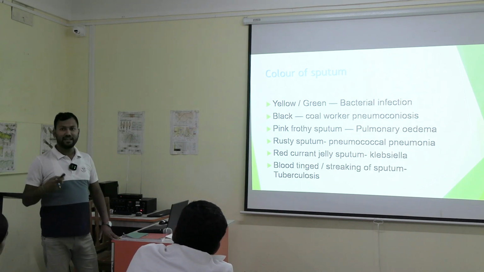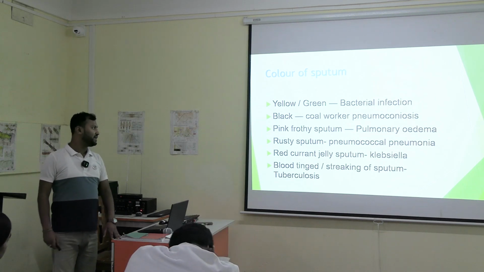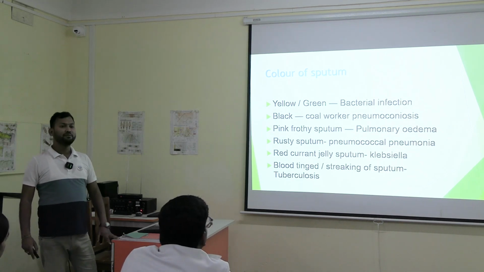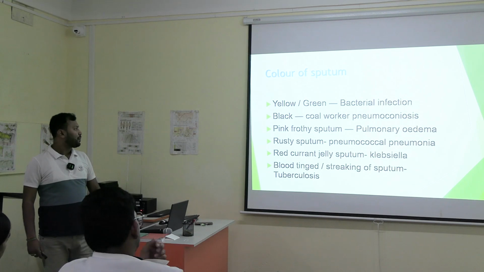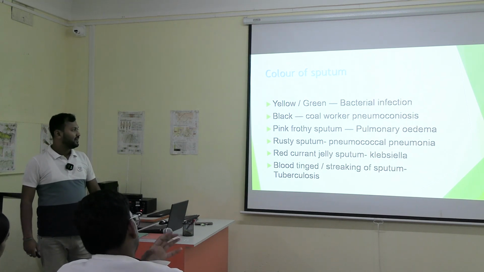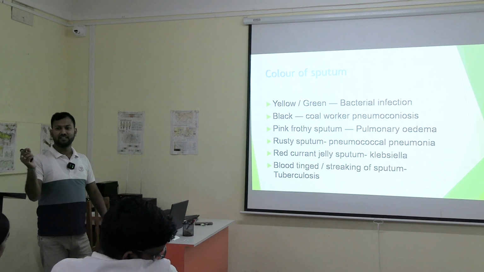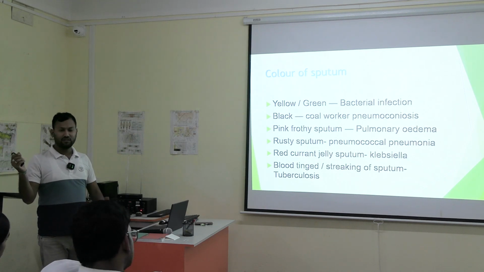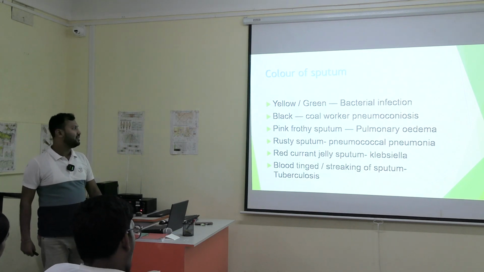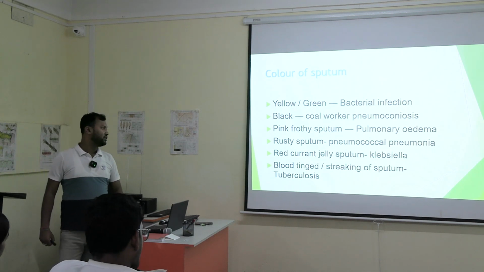So this will produce a black color sputum. Then pink sputum may be caused due to pulmonary edema. Then rusty sputum. Rusty means, you have seen rust in iron, na? So that is called rusty sputum. The color will be like this. It will be caused due to pneumococcal pneumonia.